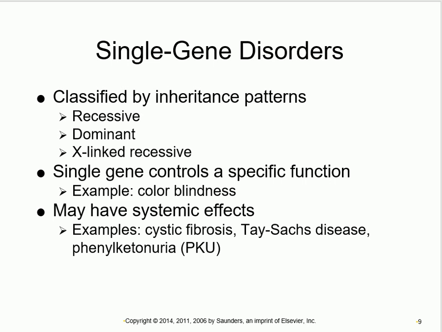Some of them will give you systemic effects like cystic fibrosis, Tay-Sachs, phenylketonuria, PKU. These are other things that will give you systemic effects. Cystic fibrosis, for example: if you inherited that defective gene, one gene that has a defect, this gene is supposed to give you the ability to produce the surfactant.